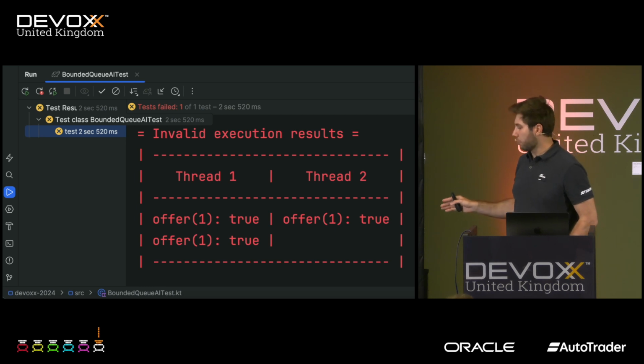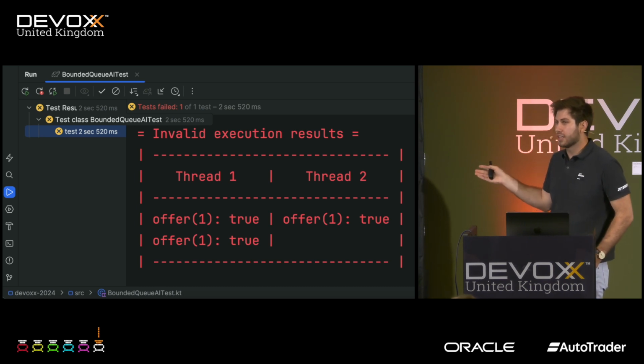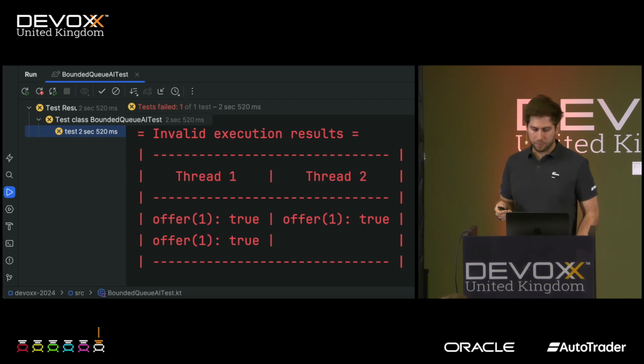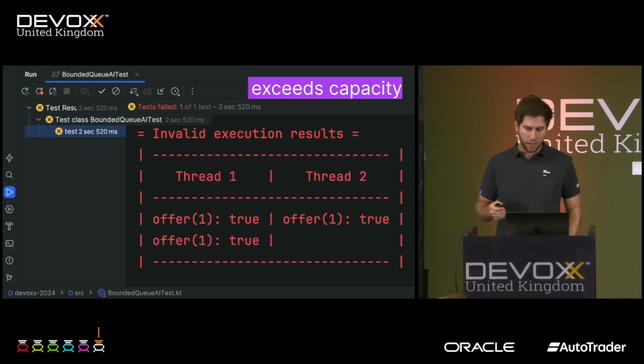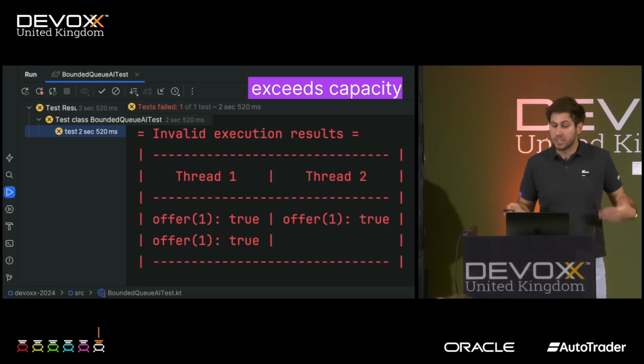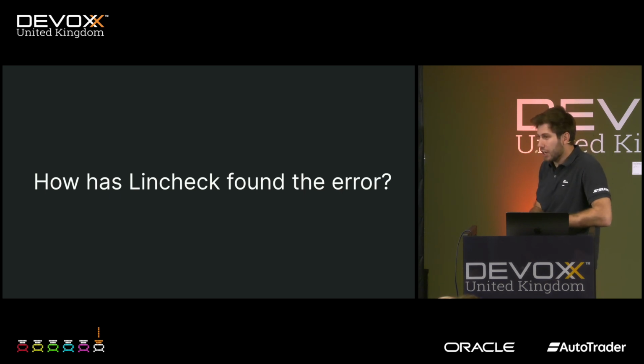So we have a queue of capacity 2, but all these offers have succeeded, so it's obviously incorrect, right? Because the capacity has been exceeded. One of these offers must have failed, but it didn't. Here's the question. How has Lincheck found the error?